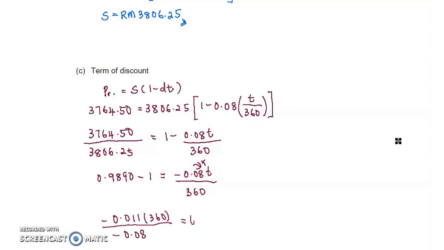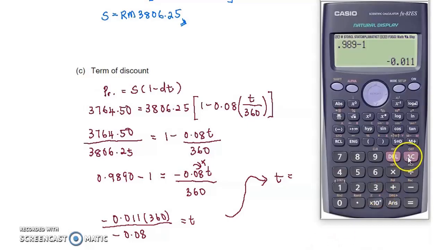Then you get value T. Okay, so negative divided by negative is positive. So T equivalent to how many days here? 0.011 times 360 divided by 0.08. So negative divided by negative is positive. 49.5 days.